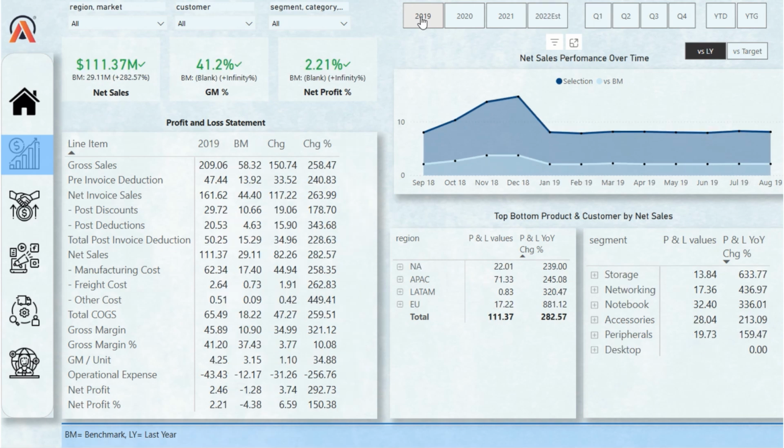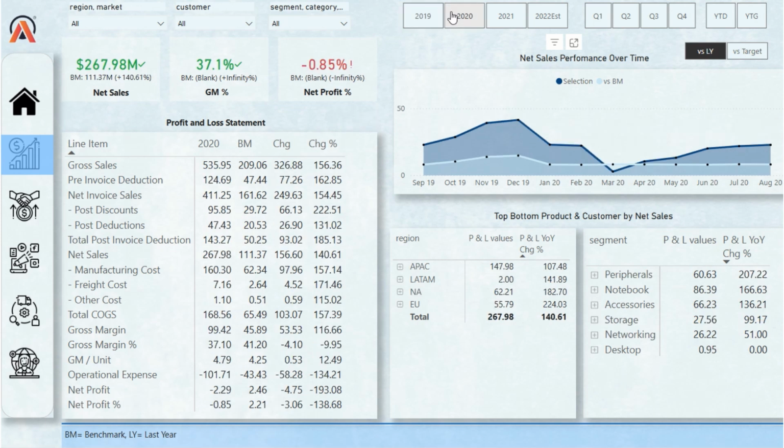Further, if you want to drill down, we can have a look at the profit and loss statement. Here, if you see the total gross margin and the net profit percent in 2019, it was 2.21%.